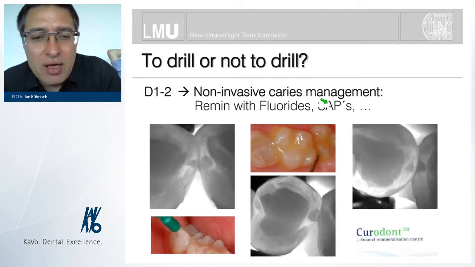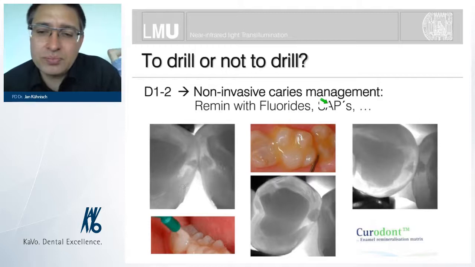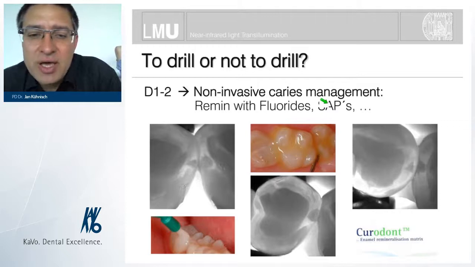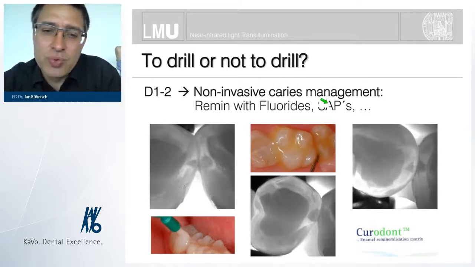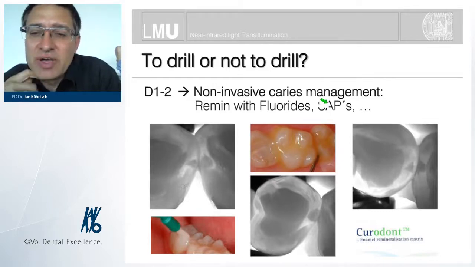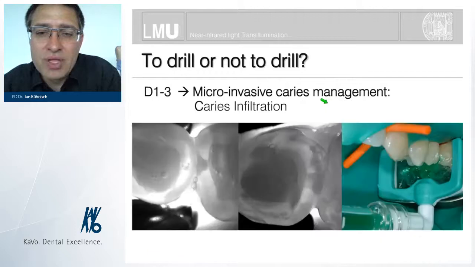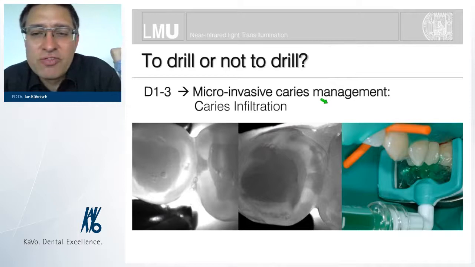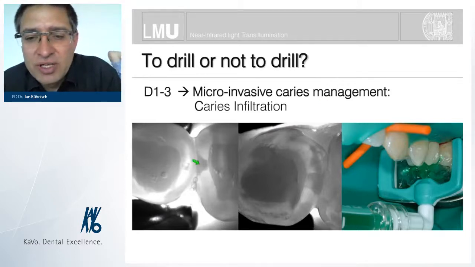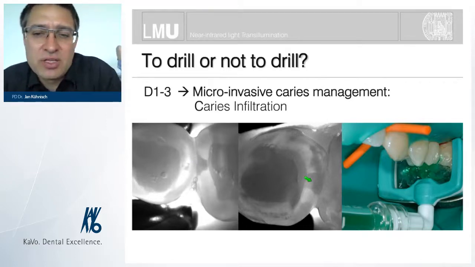Maybe they have the potential to arrest such early caries lesions, and this is maybe an excellent link between early caries detection and diagnostics on an enamel caries level, and to link these minimal invasive technologies together. And furthermore, there is a technology which is available for 5 years, the caries infiltration technique. And again, here I see the potential to infiltrate such kind of lesions and to arrest these lesions.